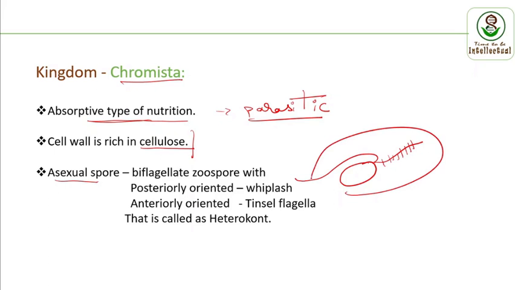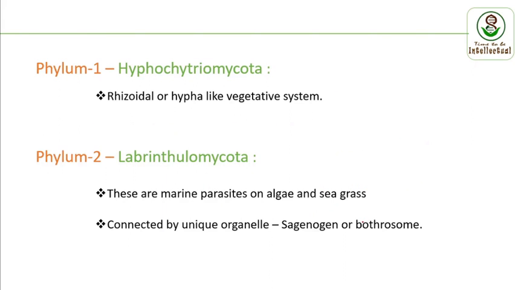This is the typical structure of the zoospores that come under the kingdom Chromista. This condition we call heterokont. When you hear the word heterokont, remember that it is a biflagellate zoospore with a posteriorly oriented whiplash and an anteriorly oriented tinsel flagellum.